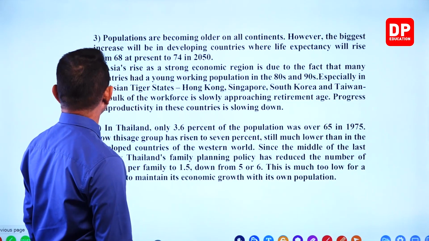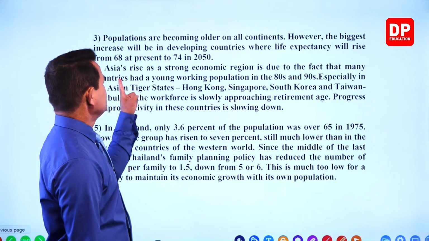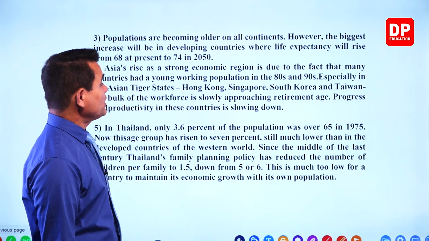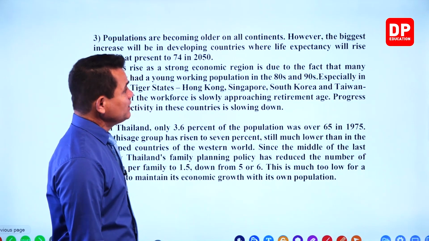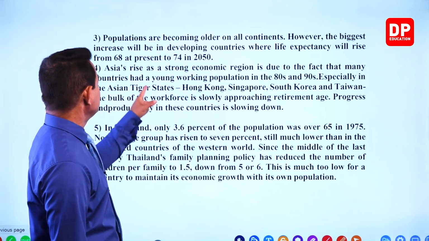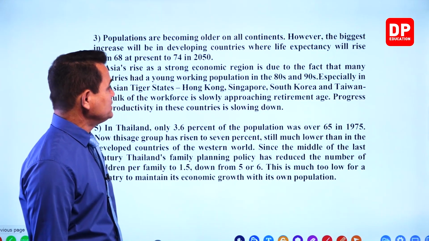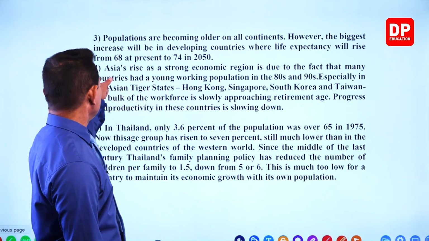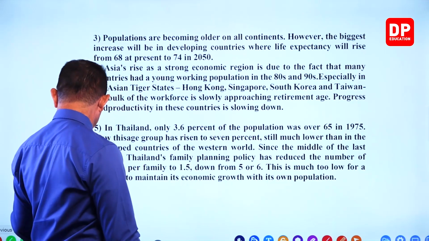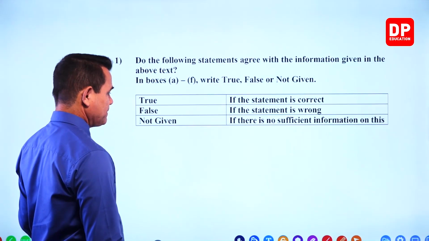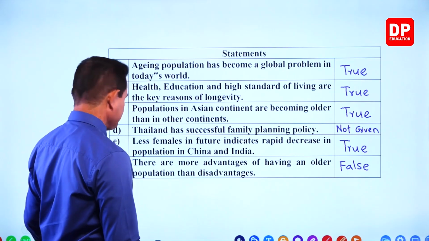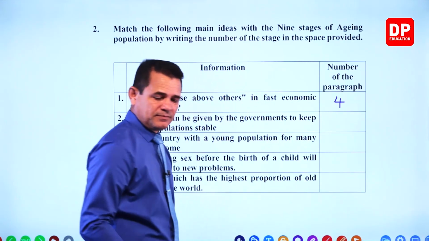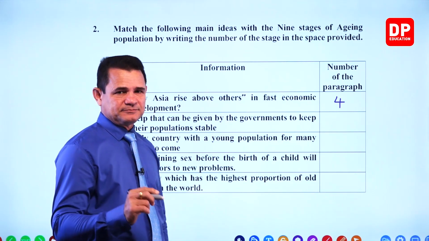In this paragraph, Asia's rise as a strong economic region is due to the fact that many countries had a young working population in the 80s and 90s. So it is the 4th paragraph, then we can put number 4. You have to mention the paragraph.